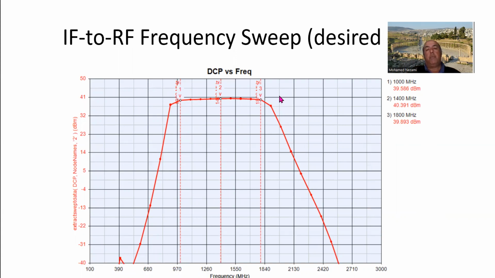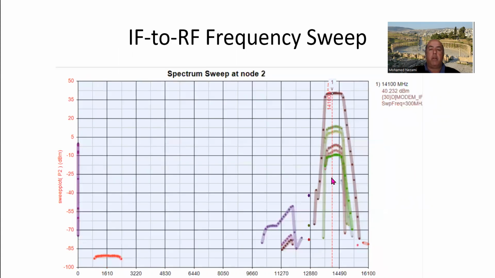This shows the overall frequency selectivity of the chain from IF to RF. So you can see it's nice. And of course, the output right now is 39.58 dBm. When this was captured, I may have aligned this, but now one of the good things that we do on the system is we can sweep the frequencies and look at all the various spectral components that are thought to result.